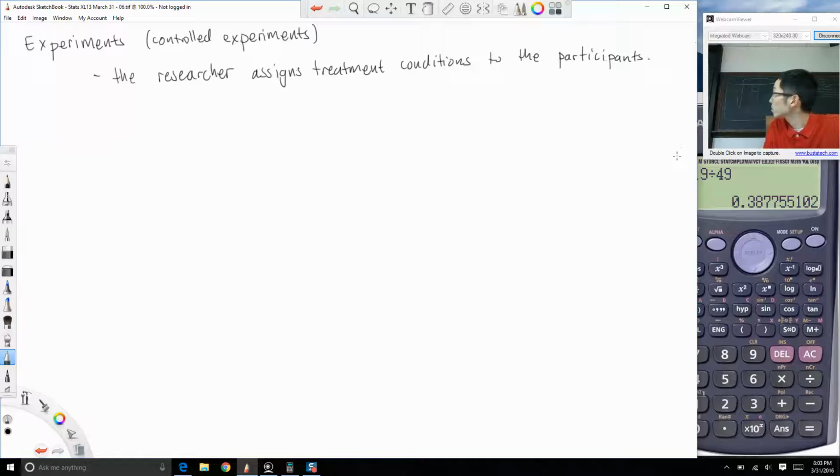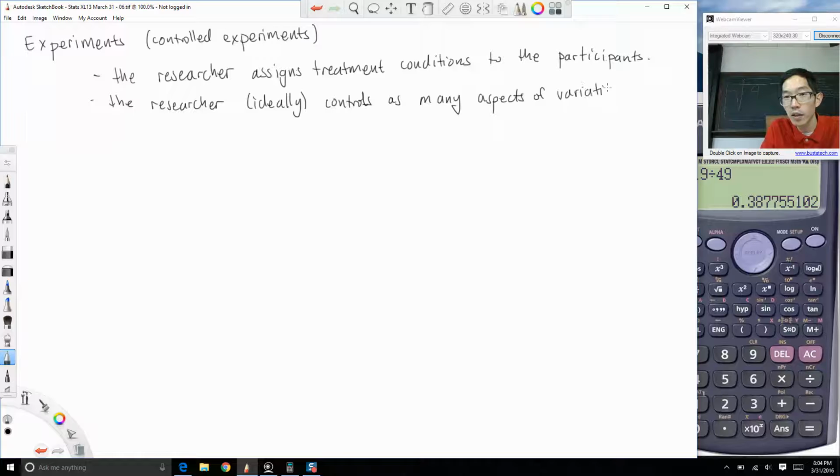And the researcher tries to control, ideally, controls as many aspects of variation as possible. Okay, so this might be best explained with an example.